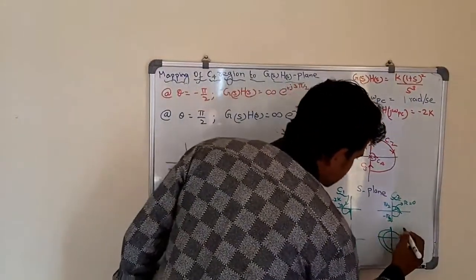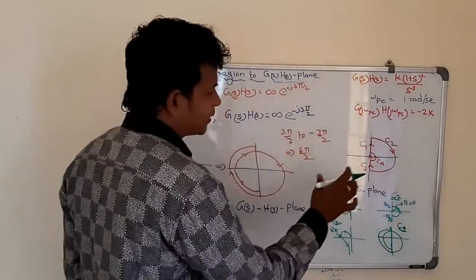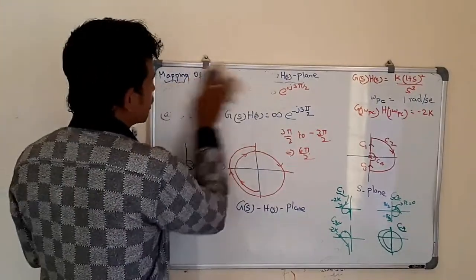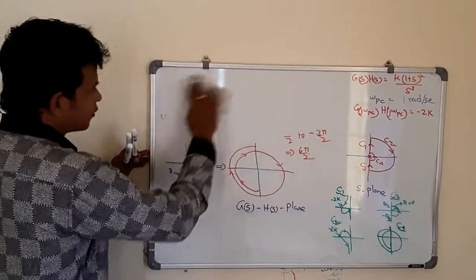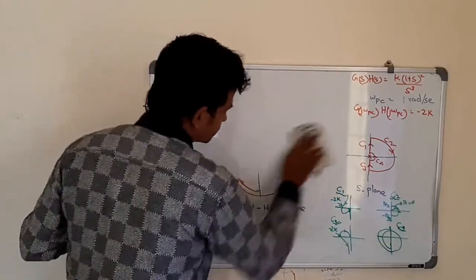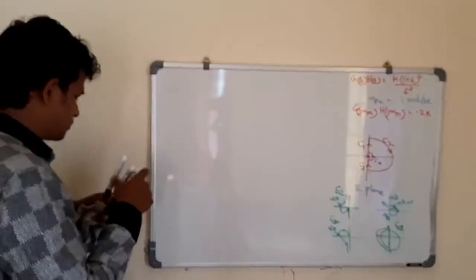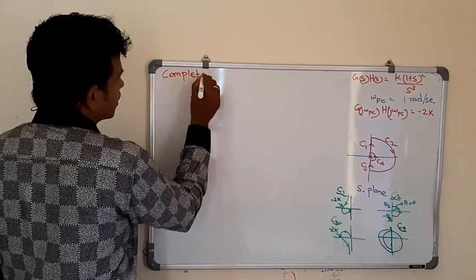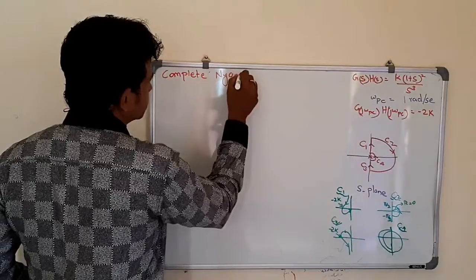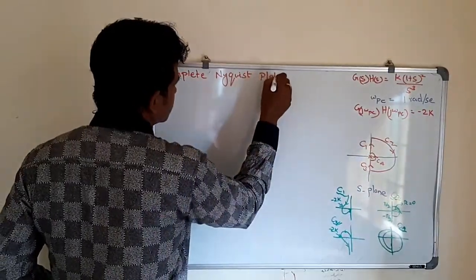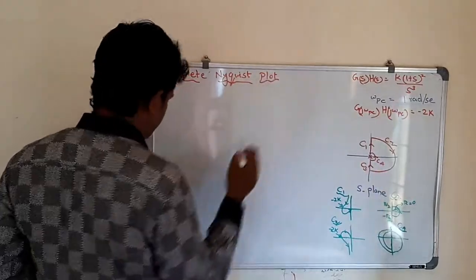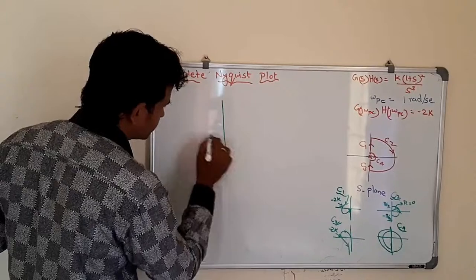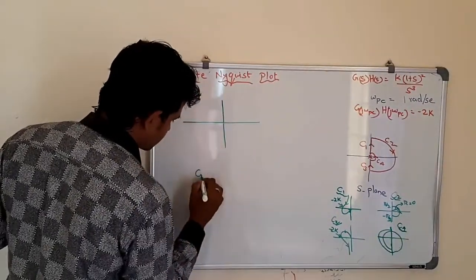Now I am going to combine regions C1, C2, C3, C4 completely. So the complete Nyquist plot becomes the combination of all the 4 mappings. So this is the GSHS plane.